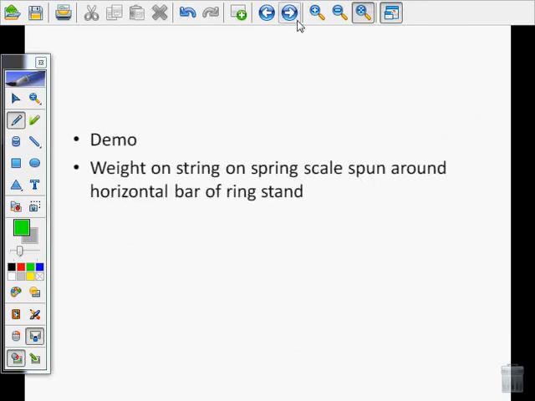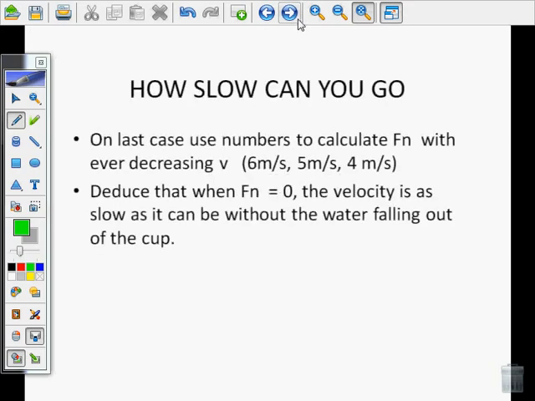Okay, I don't have that set up. Okay. So now what we want to do is calculate how slow can you go? Because obviously, if I'm spinning fast, we're sure that the glass is going to stay in there.